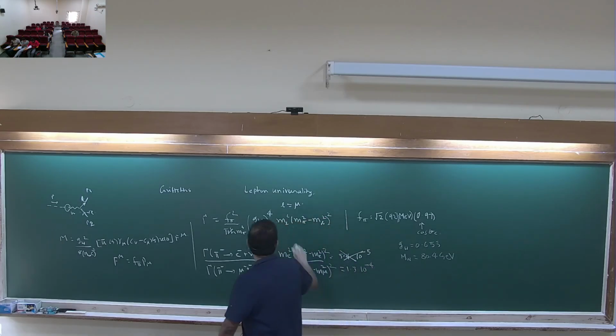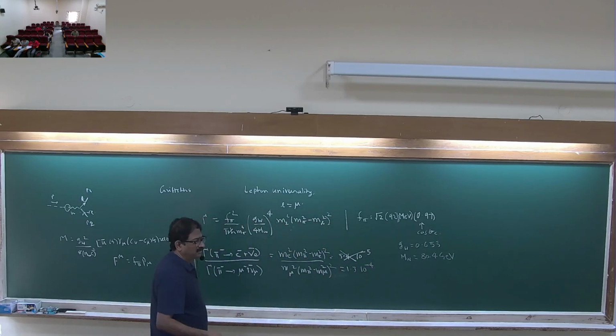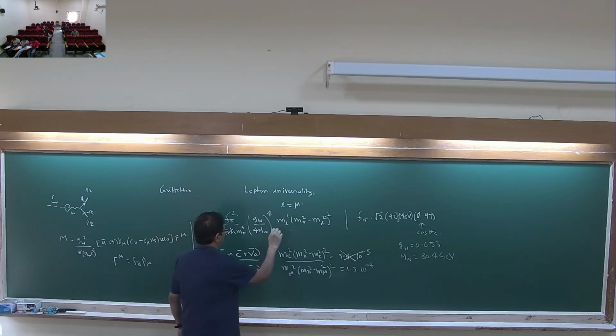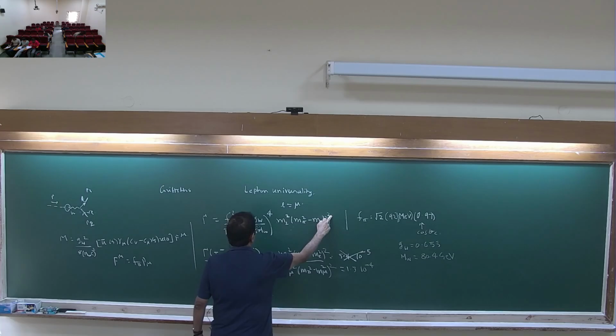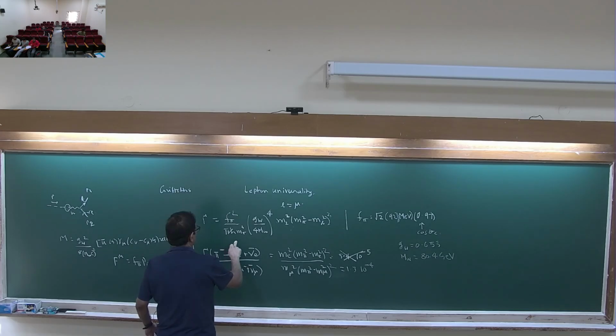You people have to keep an eye on what I am doing, because I have this unfortunate habit of making all these mistakes. Okay. 2 plus 4, 6, 8, 8, and down here we have 7. So this whole thing now has dimensions of GeV.